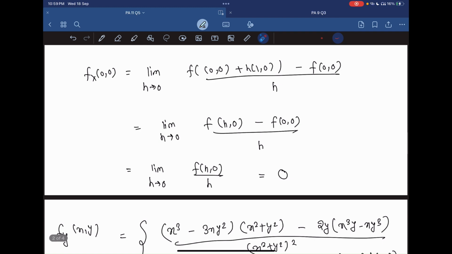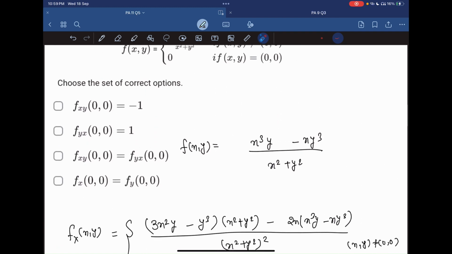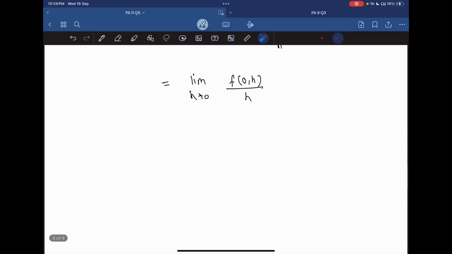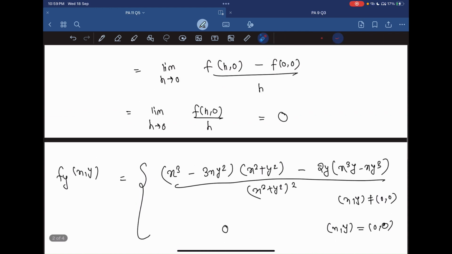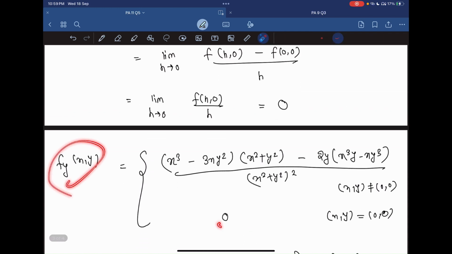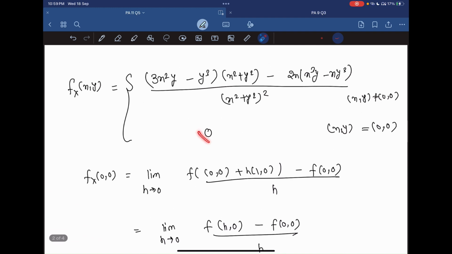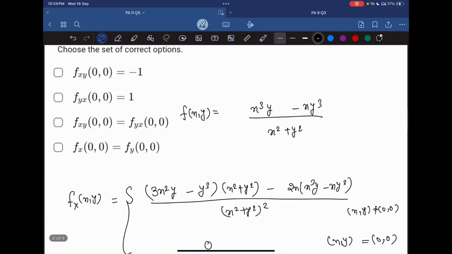Again, if we look at the function form where the x value is 0 and the y value is h, the numerator would become 0. So the function value at the point (0, h) would be 0. So this limit would be equal to 0. So the partial derivative with respect to y of the function at the point (0, 0) is also 0. Notice both partial derivatives at the point (0, 0) are 0. So the last option is correct.